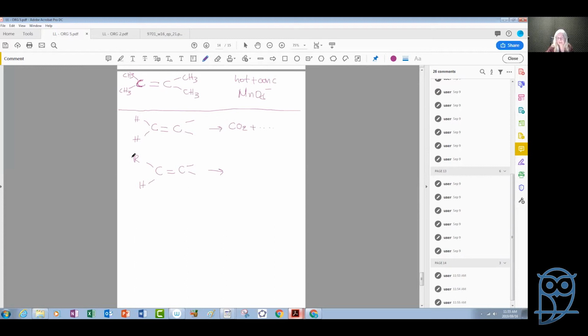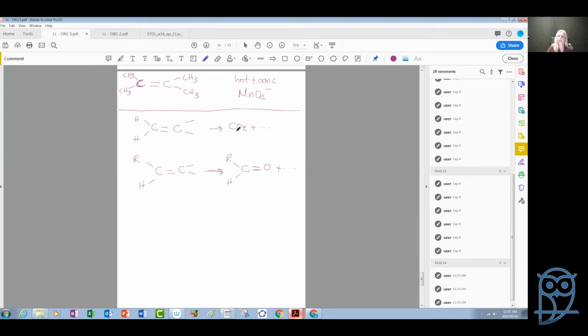So after oxidation, the product will be an aldehyde, which means this one will look the same, but here we'll have the functional group of an aldehyde.